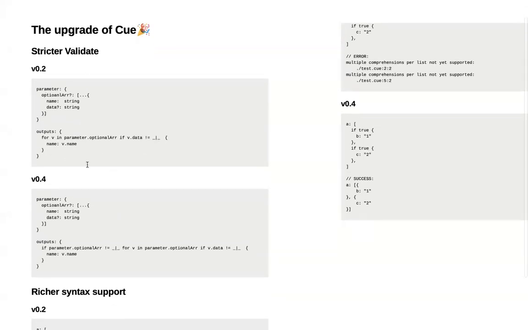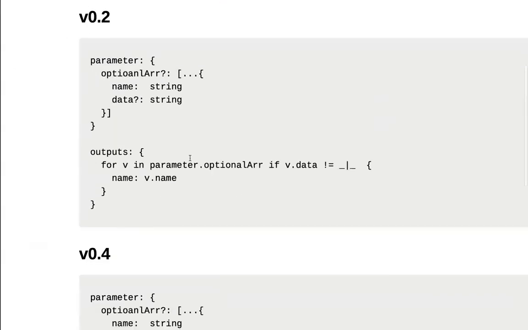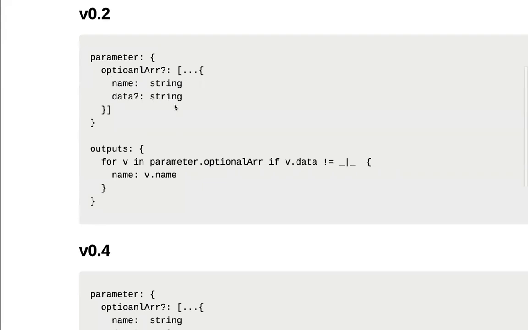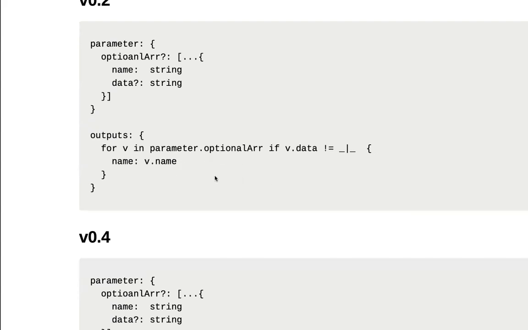So here's some preview of the upgrade. First, in 0.4 of Q, we're gonna have the stricter validate. For example, in 0.2, we can have this for range, which you can see in parameter optional array. Sorry, there's a typo here, but you can see the optional array is the optional array. And in my logic in outputs, I try to for range the parameter in optional array and check if the data exists.